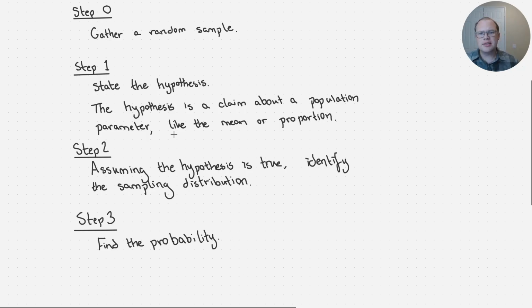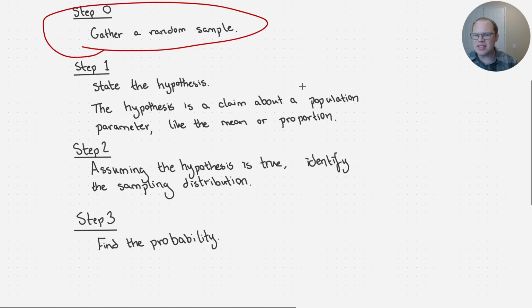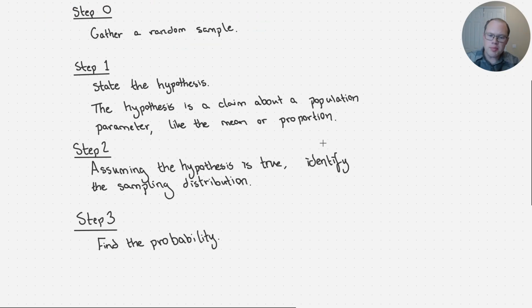And this goes back to step zero. Step zero, remember, we have that sample data. Okay? So we have a sample. So the probability we want to find is the probability that we get a point estimate like the one we have, assuming the null hypothesis is true.